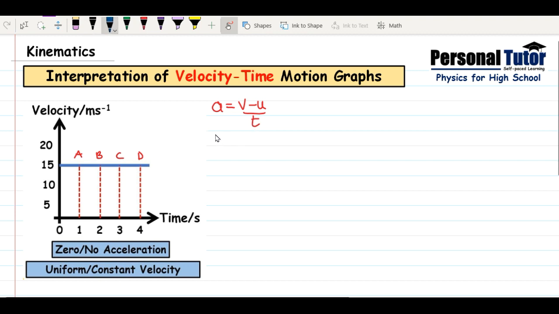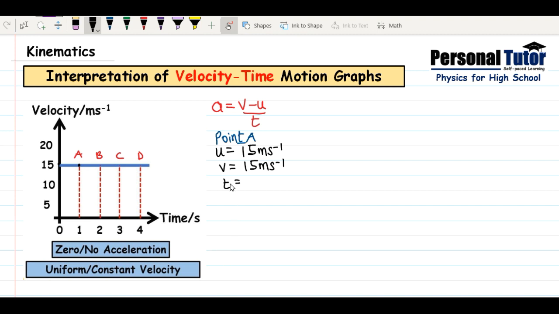So let's start with the point A. All we need is the initial velocity, final velocity, then time to calculate for the acceleration at A. This is where it starts from, and so its initial velocity corresponds to 15 meters per second. Then it travels down to the point A. The body stops at A, and if you trace it back to the velocity line, it is still 15 meters per second.